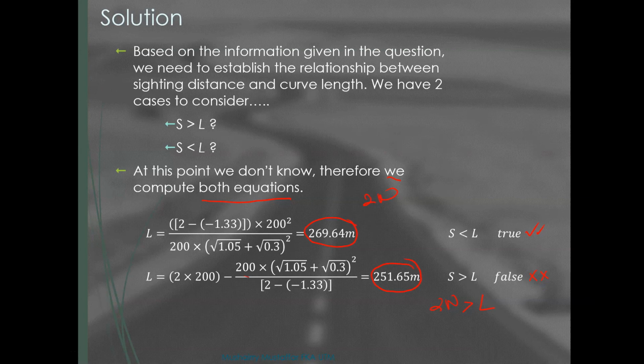So we have to do both. S, which is 200, is definitely not greater than 251. So we're going to use the first equation for our subsequent calculation. So the answer is 269.64 as the minimum distance required.